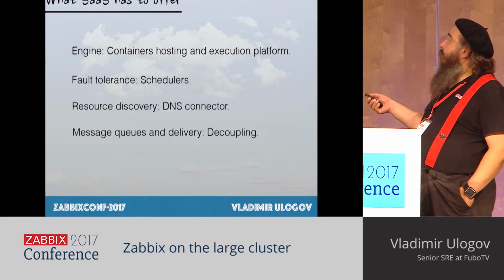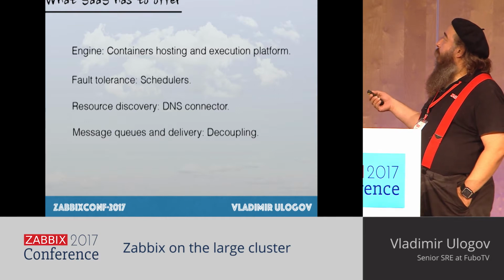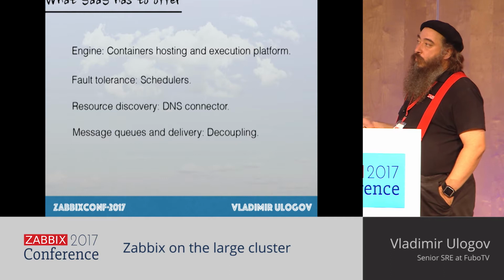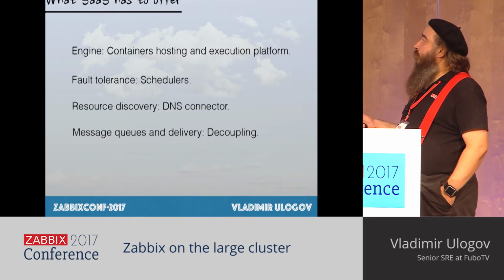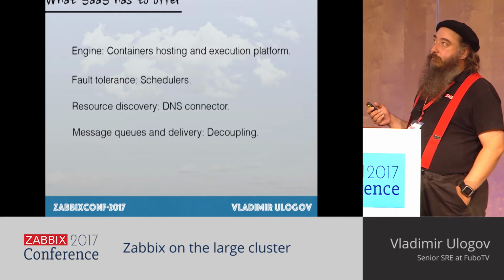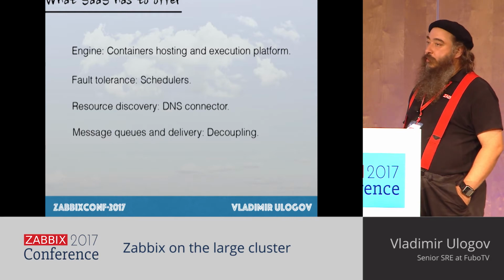Next. So what does the SaaS have to offer for your installation? Very important: container hosting and execution platform. Ideally, when you choose the scheduler and the hosting platform for your Zabbix deployment, you need to think about which ones will support containerization, container orchestration, and legacy applications.